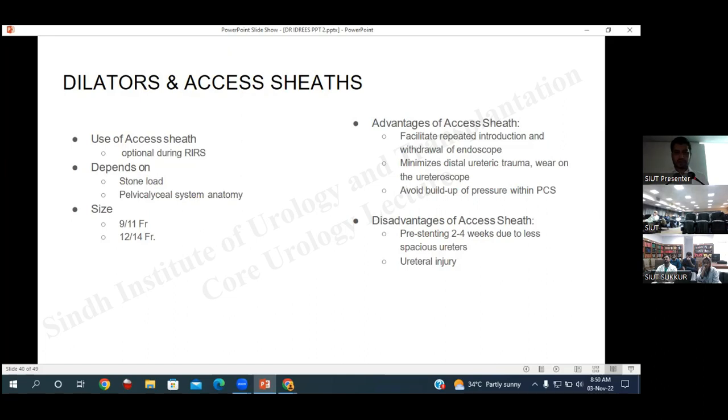It facilitates introduction of the instrument within the endoscope, minimizes distal ureteric trauma, and avoids the build-up of pressure within the pelvicalyceal system. The disadvantages of an access sheath are pre-stenting 2 to 4 weeks due to less spacious ureter, and ureteral injury.